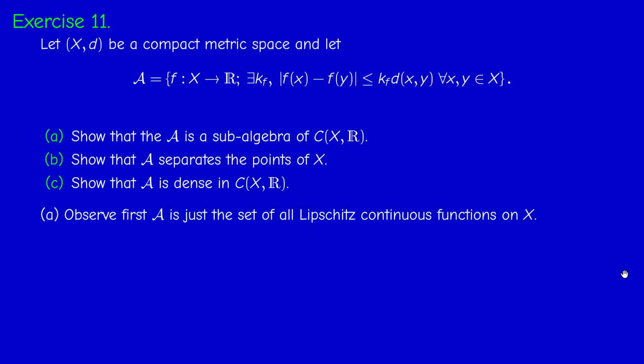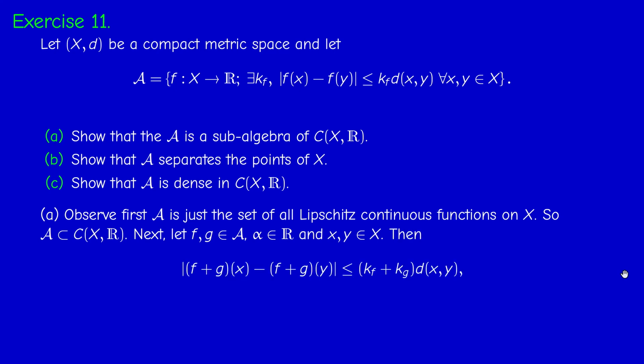So consider two elements f, g in A, two Lipschitz continuous functions, and a constant alpha in R, and two arbitrary points x, y in X. We have to show that f plus g is in A, fg is in A, and alpha f is in A. Okay, so first the sum.